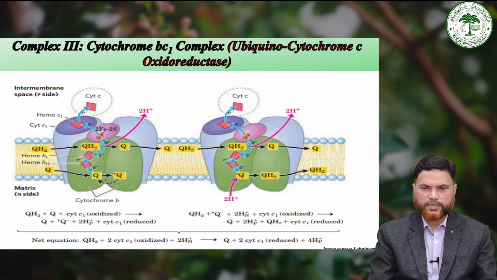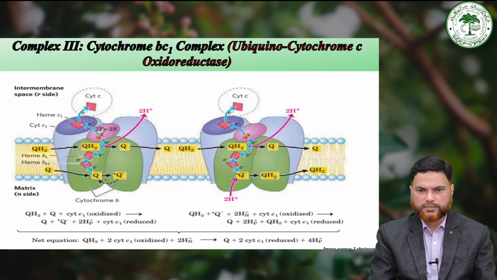Then how do the electrons enter into the Q pool? Ubiquinol carries the electrons to the Q pool, where it serves as a mobile carrier shuttling between complex 1 and complex 3 of the electron transport chain. Then the Q cycle begins.